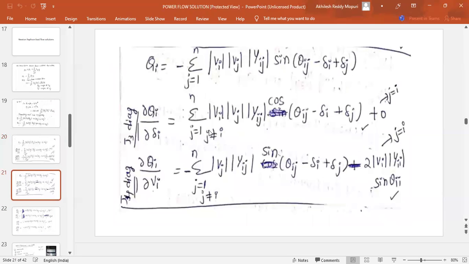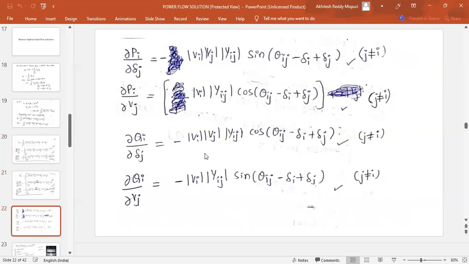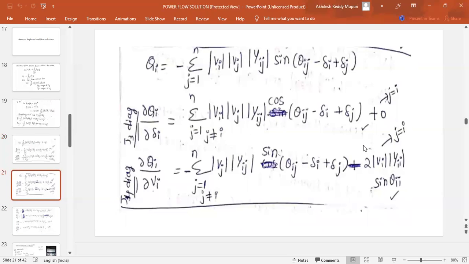Similarly, for Qi, when we differentiate with respect to del j, only one term will be present, so the summation will be gone. Minus Vi Vj Yij, sin differentiation is cos, so cos(theta ij minus del i plus del j). That's what they had given here. Then when we differentiate Qi with respect to Vj, only a particular term will be present.